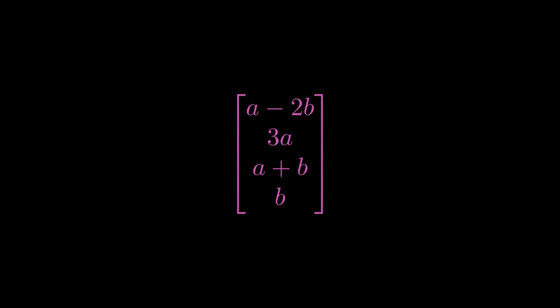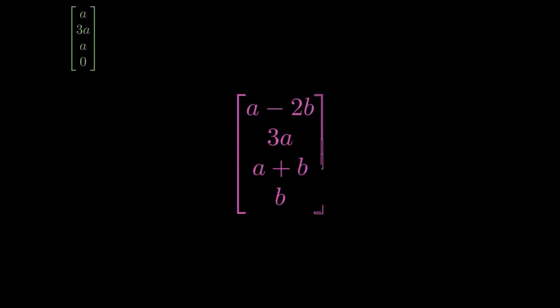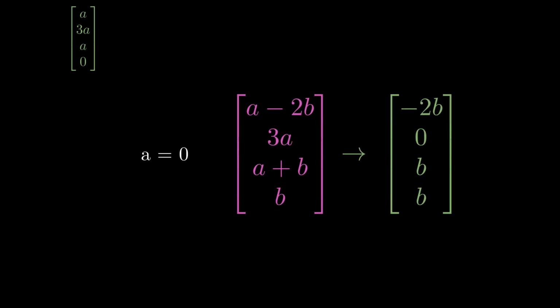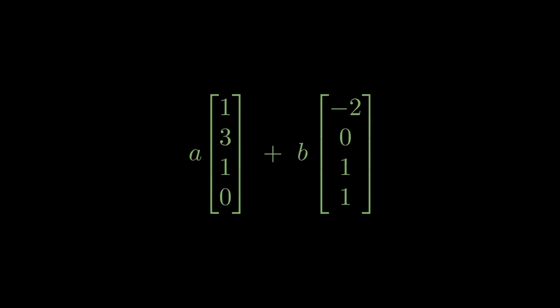Okay, so let's actually do it and see what we get. I'll first put b as 0. This gives me a, 3a, a, and 0. Now we put a as 0. This gives me minus 2b, 0, b, b. Now we can just factor out a and b and get this.